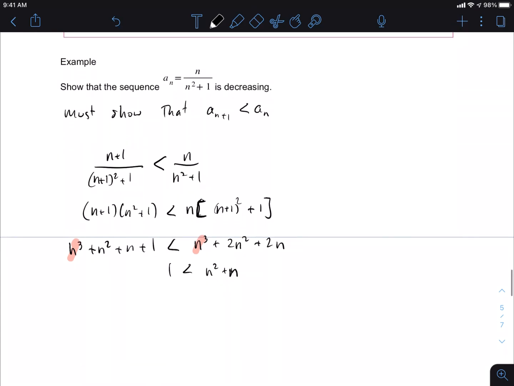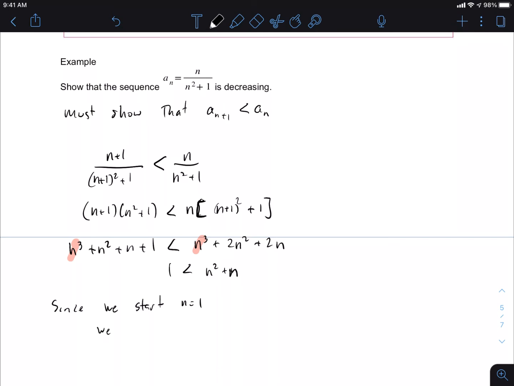Now, we know that our sequence is always going to start at 1, right? So since we start at n equals 1, the smallest term that we're going to have is 1, right? But if I put 1 in there, 1 squared is 1 plus 1. That's going to give me 2. Is 1 less than 2? We know that's true.